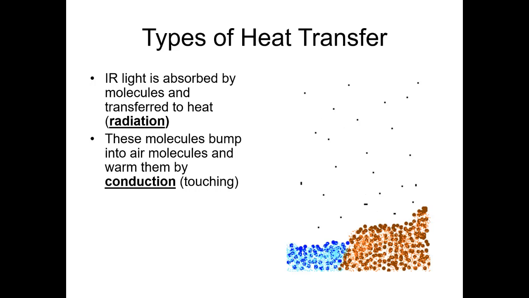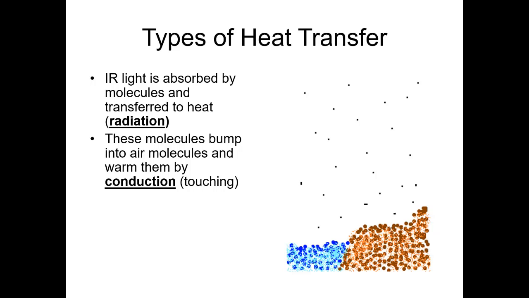Once they are in the ground or in the air, the molecules are going to be bumping into one another. Now, air molecules are pretty far apart, and so they don't bump into each other a lot, but the ground and the water both have the molecules touching one another. And whenever molecules are touching one another, they can conduct heat very well.